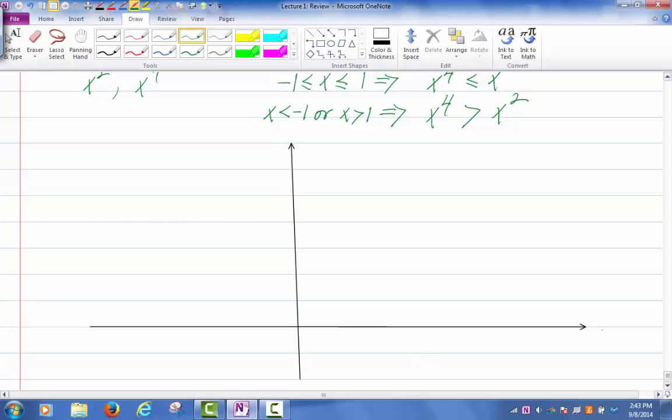Okay, so let's say this is my x-axis and this is my y-axis. The graph of the parabola x squared looks like what? Well, let me see if I can make a nice enough graph. Okay, so let's say this is the graph of x squared.